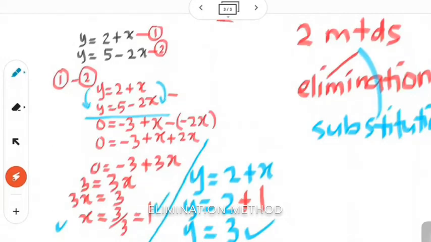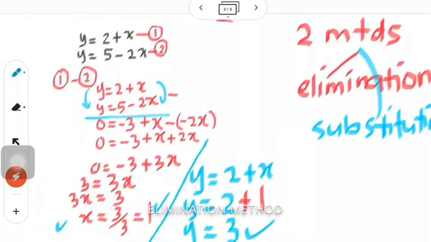Izati, macam teacher. Kenapa kita dapat kosong sini? Yes, why? Teacher, why do we get 0 here? Sebab we minus. So y dengan y tu dia akan jadi kosong. Yes, okay. Sambung. Continue. Lepas tu after we have 0 is equal to negative 3 plus 3x.